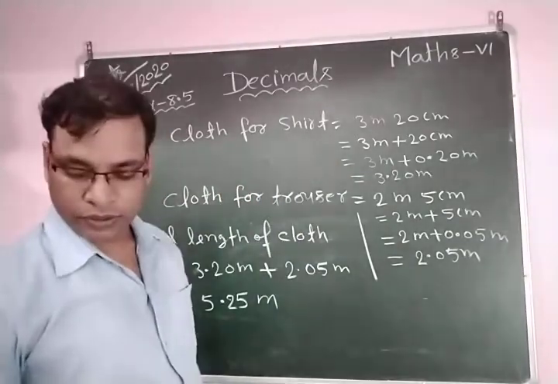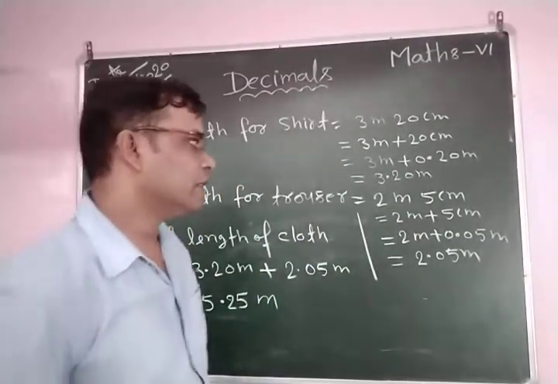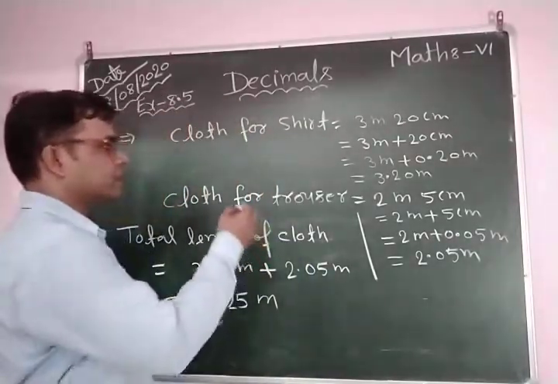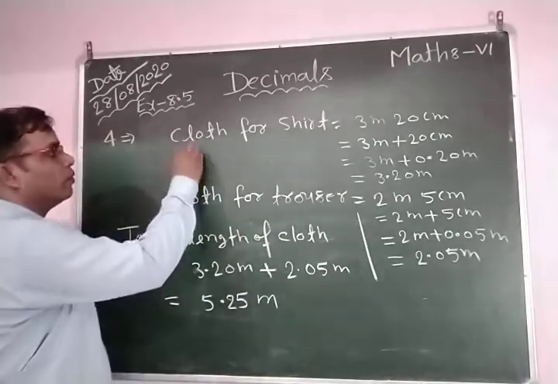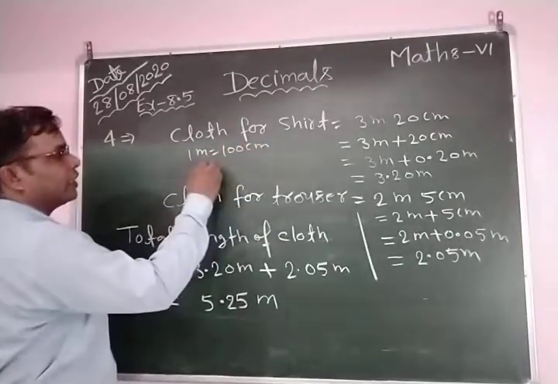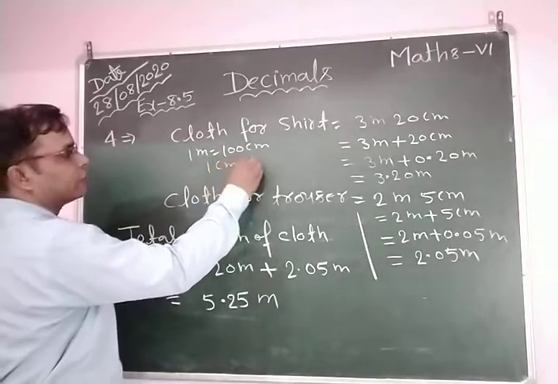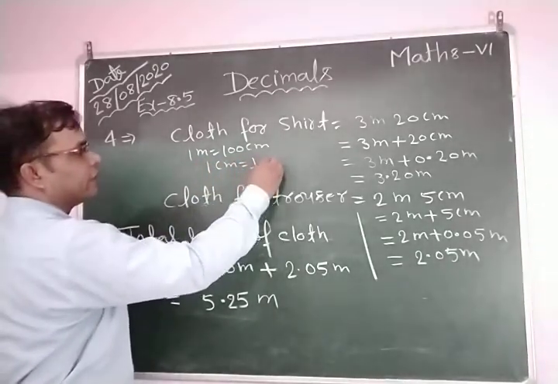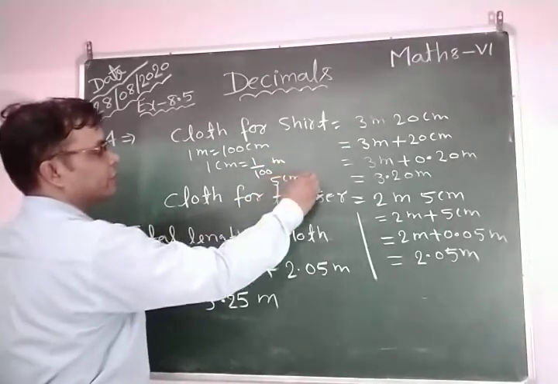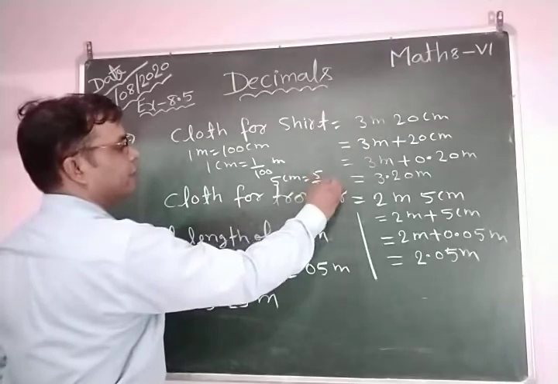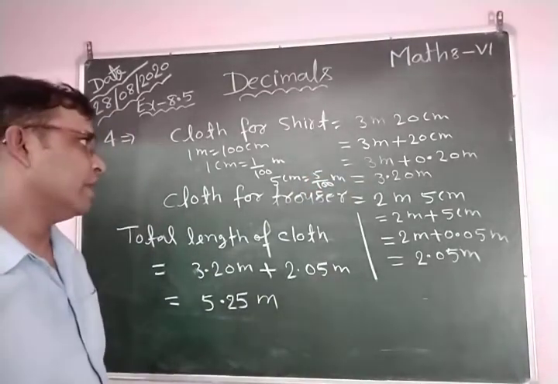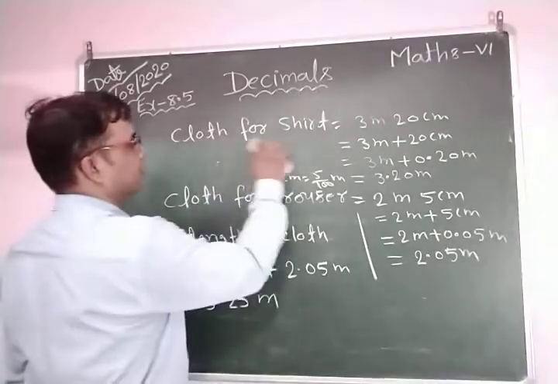Here we discuss how to change 5 centimeter into meters. You know very well 1 meter is equal to 100 centimeter, or 1 centimeter is equal to 1 by 100 meter, so 5 centimeter is equal to 5 by 100 meter, and this is equal to 0.05 meters. Okay, not 0.5 meters.